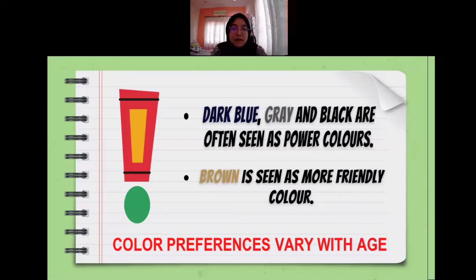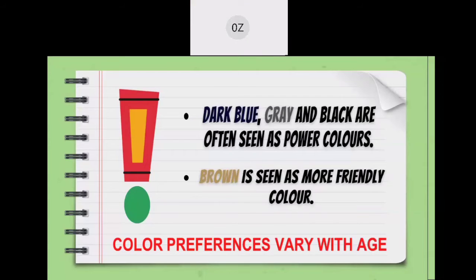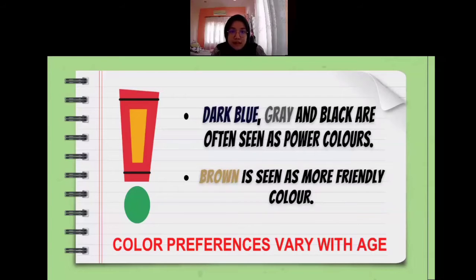Our idea of the meaning of a particular color is related to how persuaders communicate with us. For example, dark blue, gray, and black are often seen as power colors.